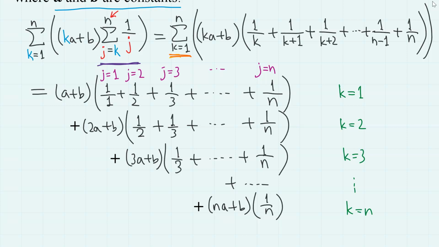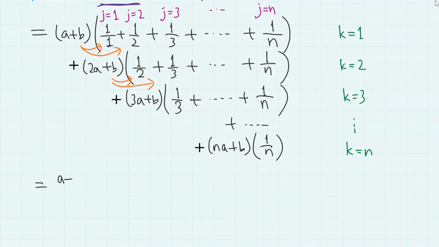And although it looks kind of nice already, let us distribute this a plus b and the other terms just to remove parentheses. Then we will have a plus b over 1 plus a plus b over 2 plus a plus b over 3 plus so on, plus a plus b over n.